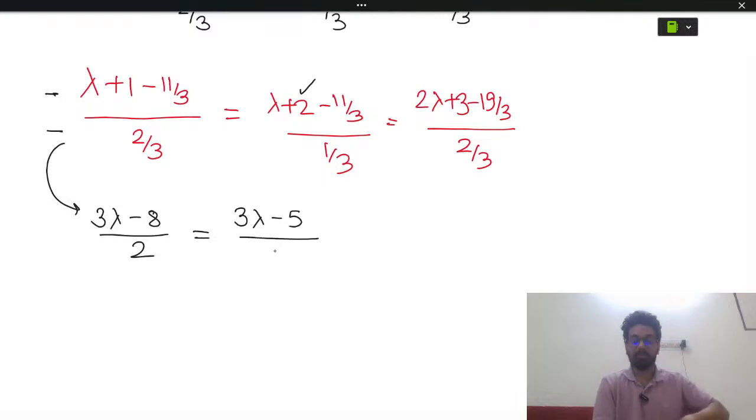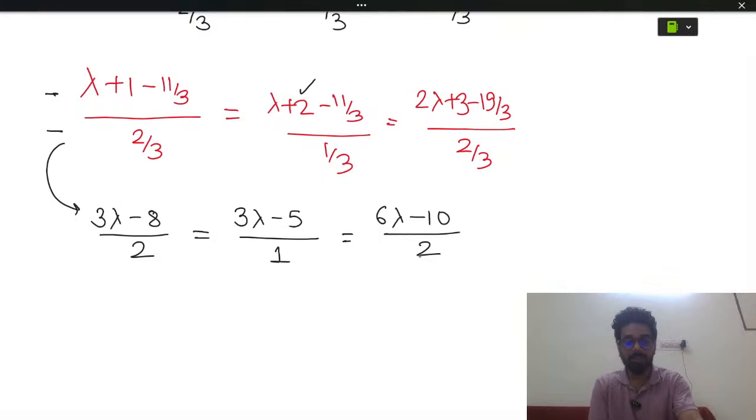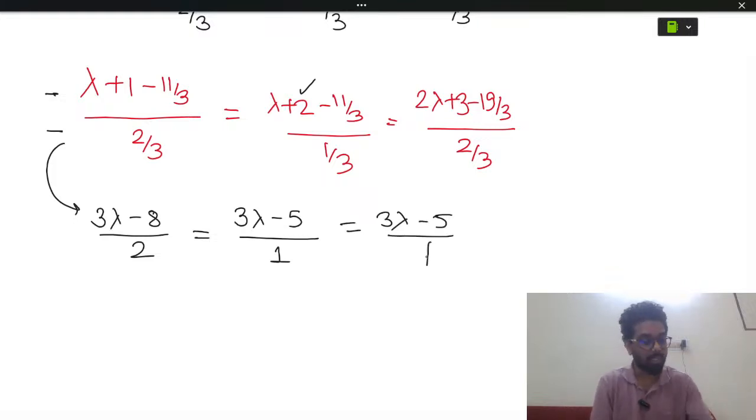Similarly multiply by 3 in the numerator and denominator: 3 into 2 lambda is 6 lambda, 3 into 3 is 9, and 19 by 3 into 3 is 19, so 9 minus 19 is minus 10. This part I have done very quickly. Or you can write 6 lambda by 2 is 3 lambda, and minus 10 by 2 is minus 5. So when you solve this, you will get exactly this.